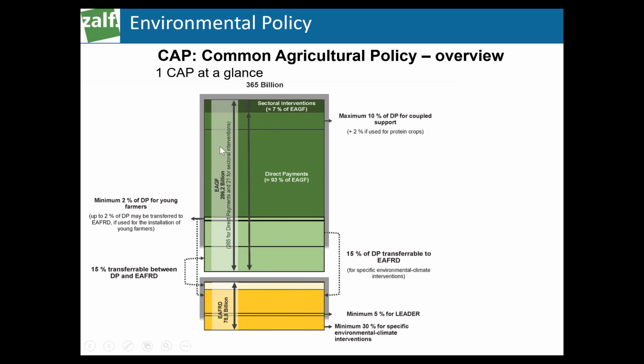And you can now transfer as a new reform step from the direct support, you can transfer a certain amount to the rural development that is voluntary. That means a member state now can say, okay, we would like to shift from one budget to the other budget, to the rural development programs, because we like it and we like this tailored approaches for environmental programs.